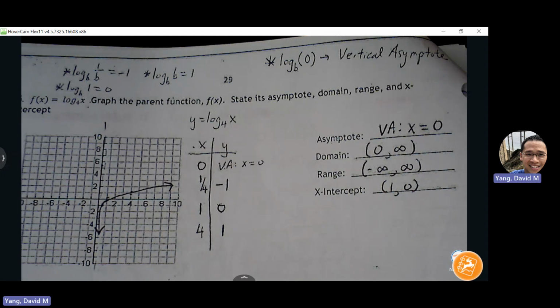Okay, we did 26 already, so go to 27, and then we'll move on to the review worksheet 2. Packet 2. So worksheet 2, let's see if we can go through the odds today. And then we'll do the evens tomorrow.